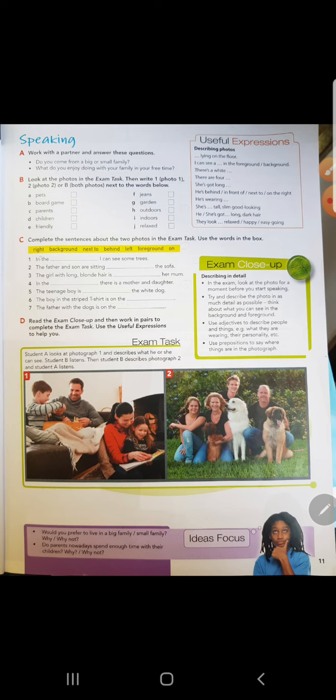Okay, here we have sentence number 1, 2, 3, 4, 5, 6, and 7. I will do sentence number 1 for you as an example, and sentences 2 to 7 are your homework. So in the, I can see some trees.